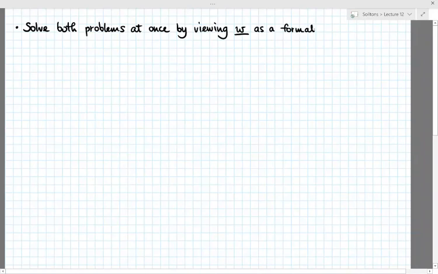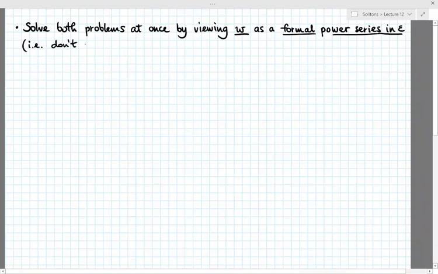So W, if U is fixed, will depend on the parameter epsilon, and we view it as a formal power series, which means that we don't worry about convergence of the series.